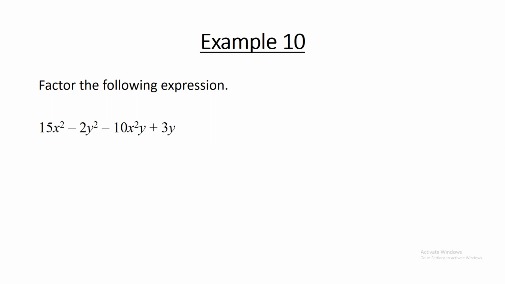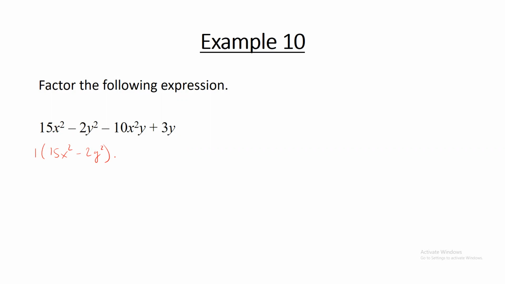So we could say, okay, but there are 4 terms, so maybe we should try grouping. And as we look at our first 2 terms, you see they don't really have a GCF. I suppose you could factor out a 1, 15x squared minus 2y squared, just to say you did something.